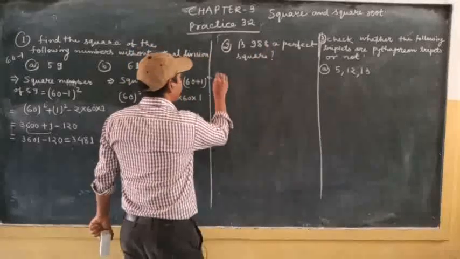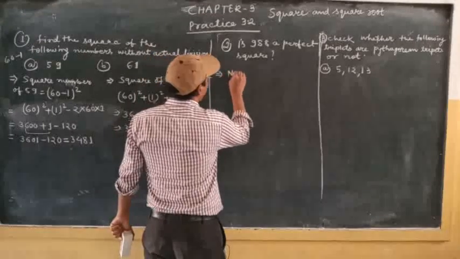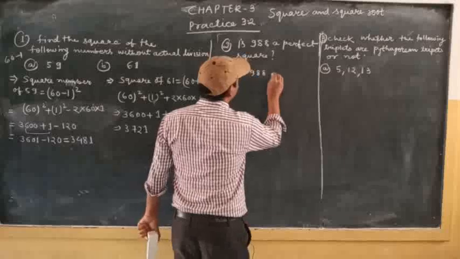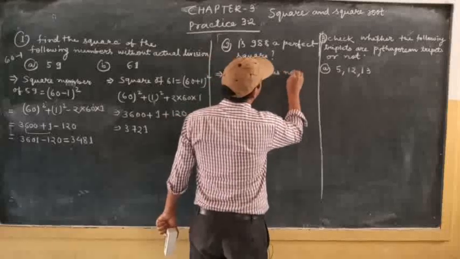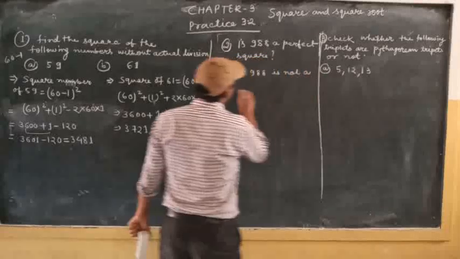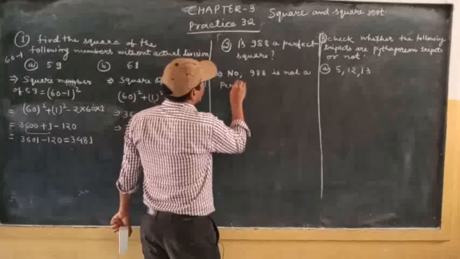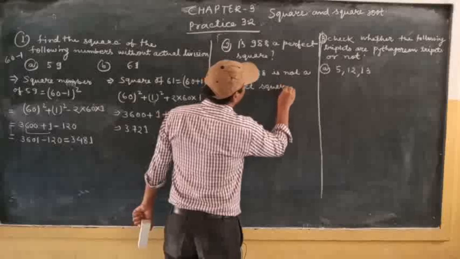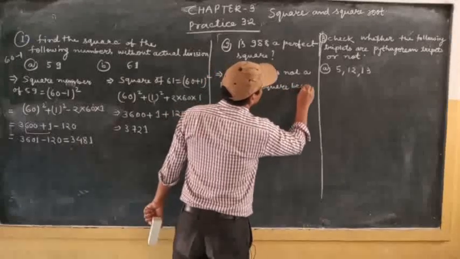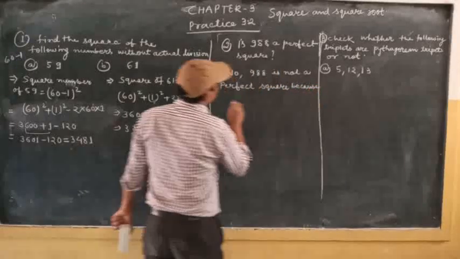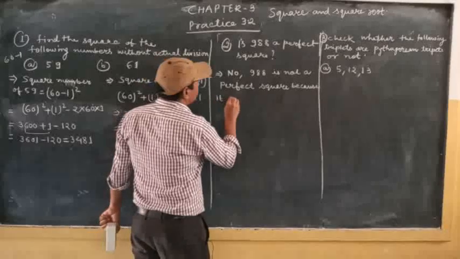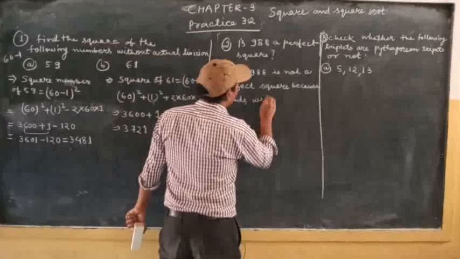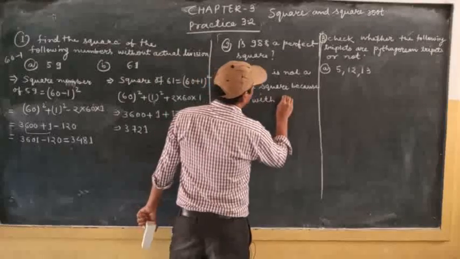We only write no, 898 is not a perfect square because it ends with 8.